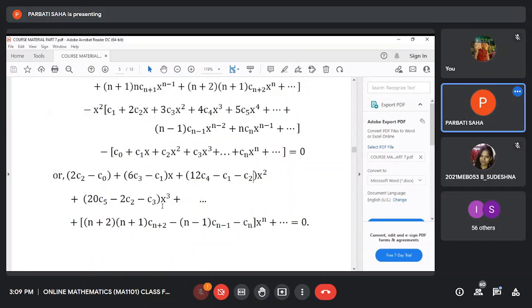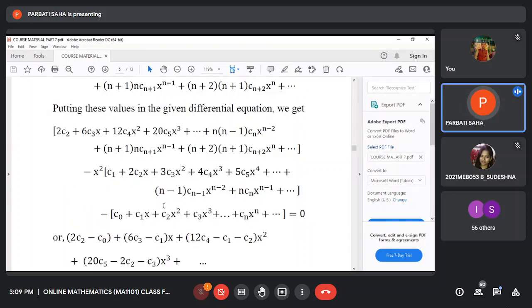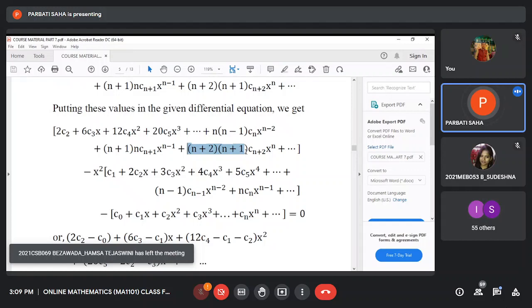And what is most important is the coefficient of x to the power n, and how to get this. From the first expression, this is the term containing x to the power n, so the coefficient should be this.